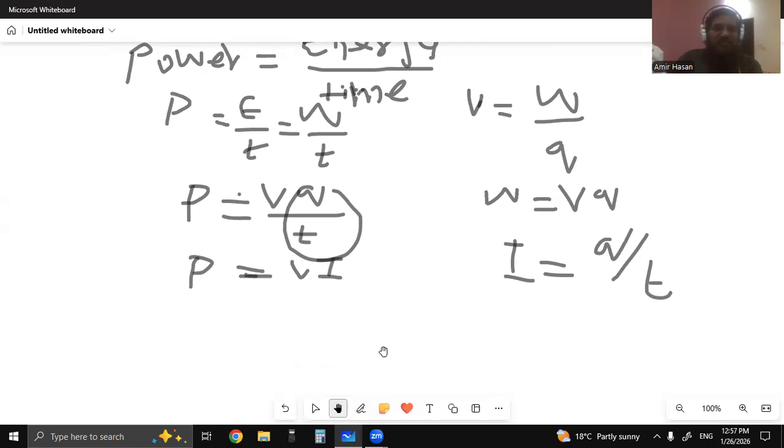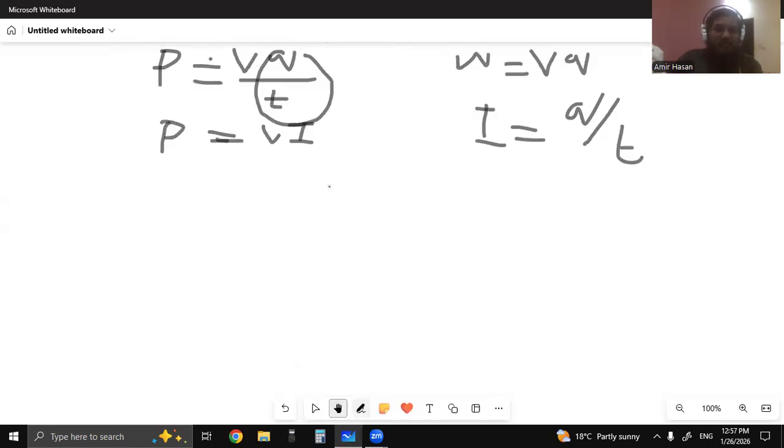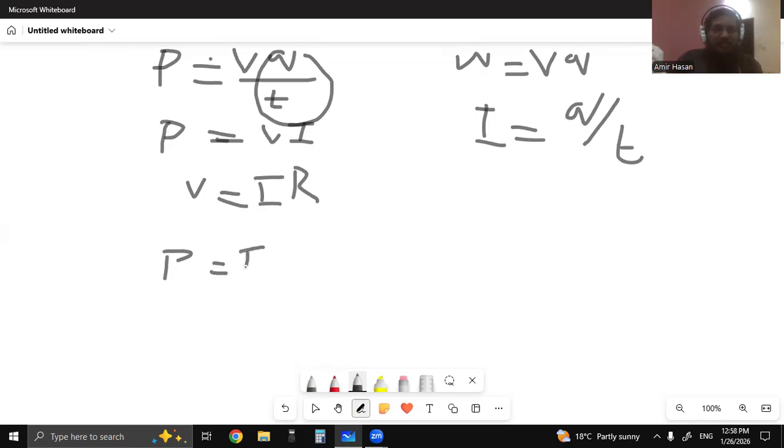This is the dissipation of the power, okay? Now, when you use Ohm's law, V equal to IR, then we can derive the formula: power is equal to, in place of V, when we put IR, we get IR into I, which is equal to I square R. Clear, students?